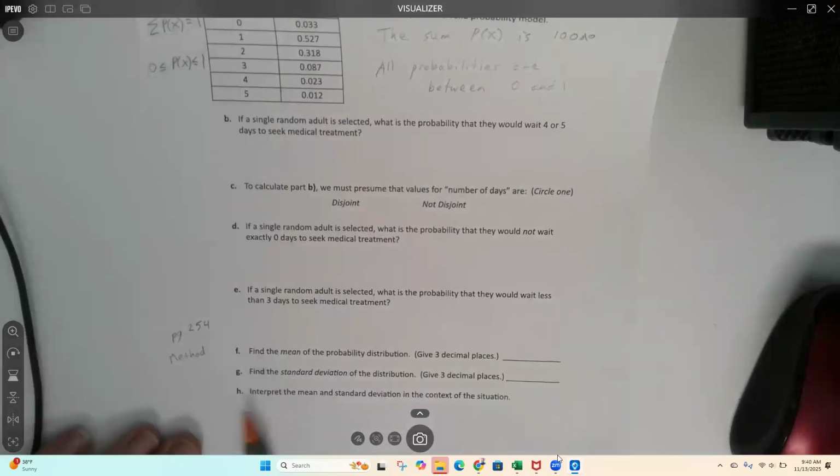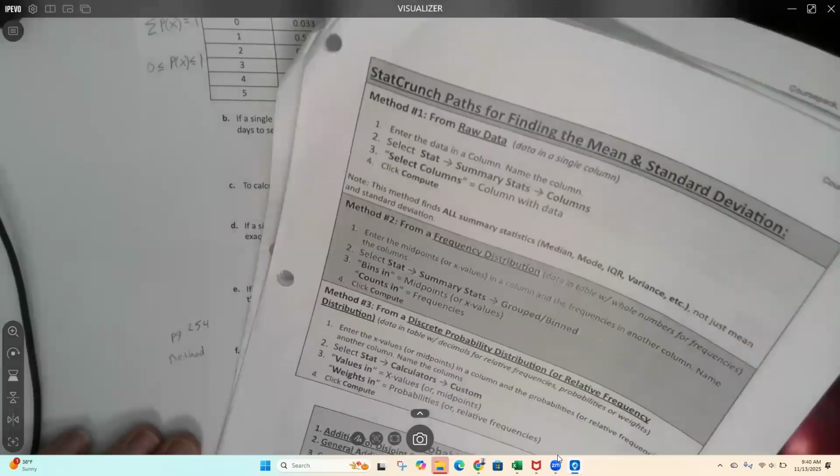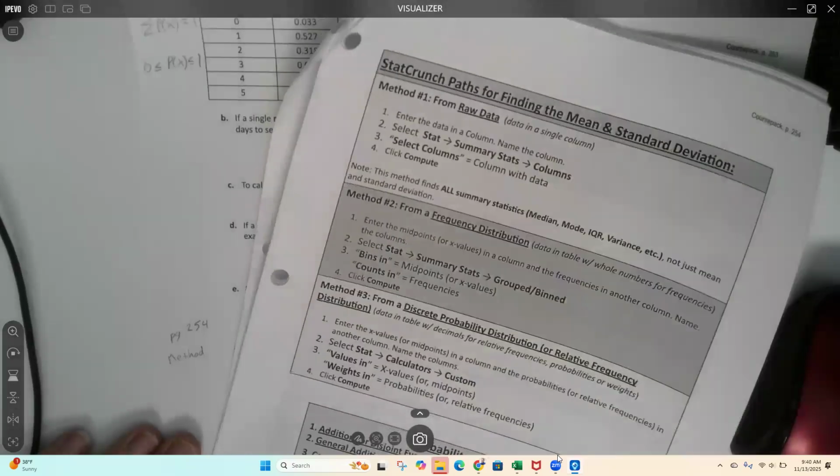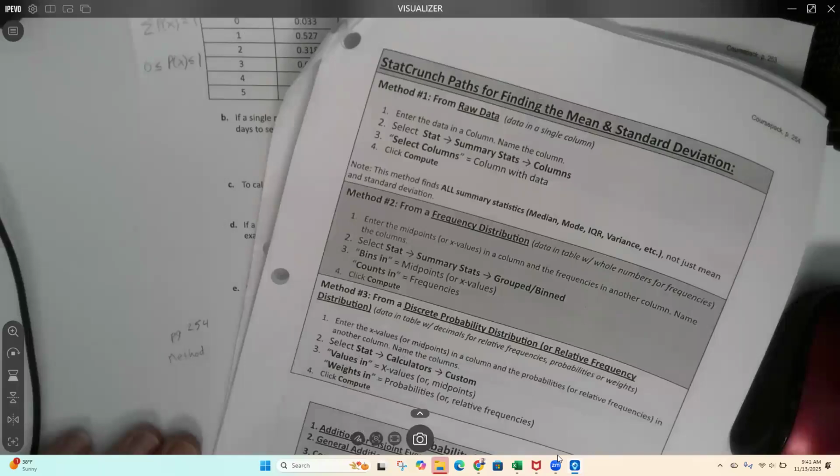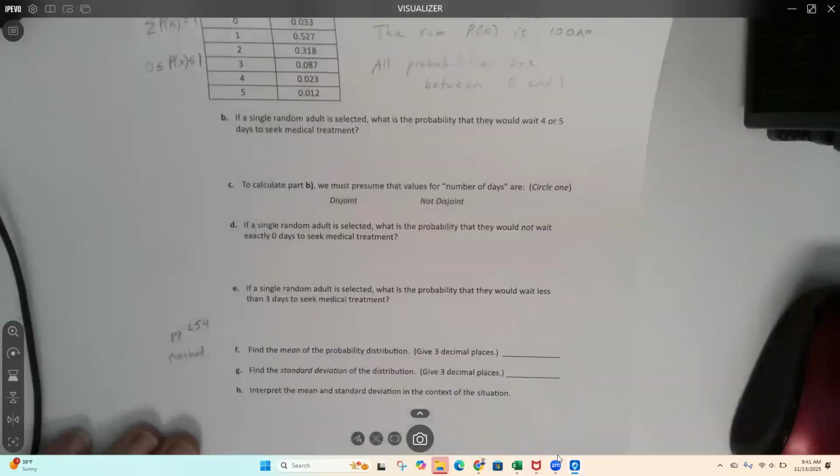Find the mean of the probability distribution, find the standard deviation of the distribution. Method three. That's for probability distribution.